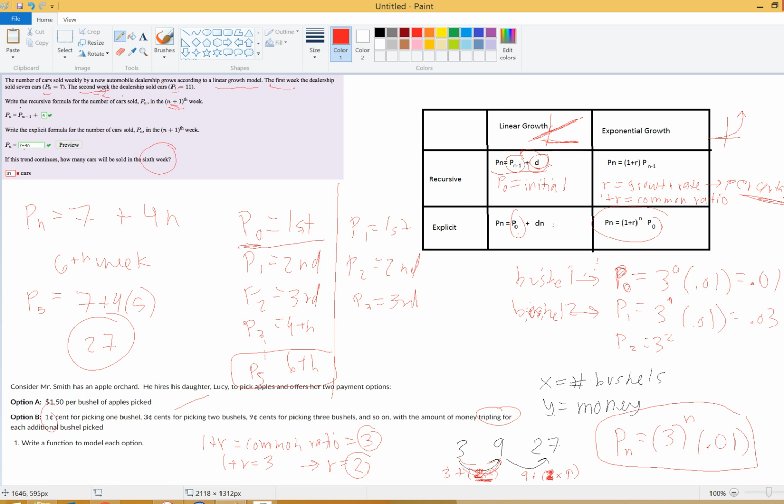Bushel 1 was P sub 0, bushel 2 was P sub 1. Bushel 3 was P sub 2, so for instance, if we're going to find bushel 12, we would need to put an 11 into our function. So those are just 2 examples of when the number that we're at is different than the n that's in the formula, just because we start with P sub 0 being our first bushel.